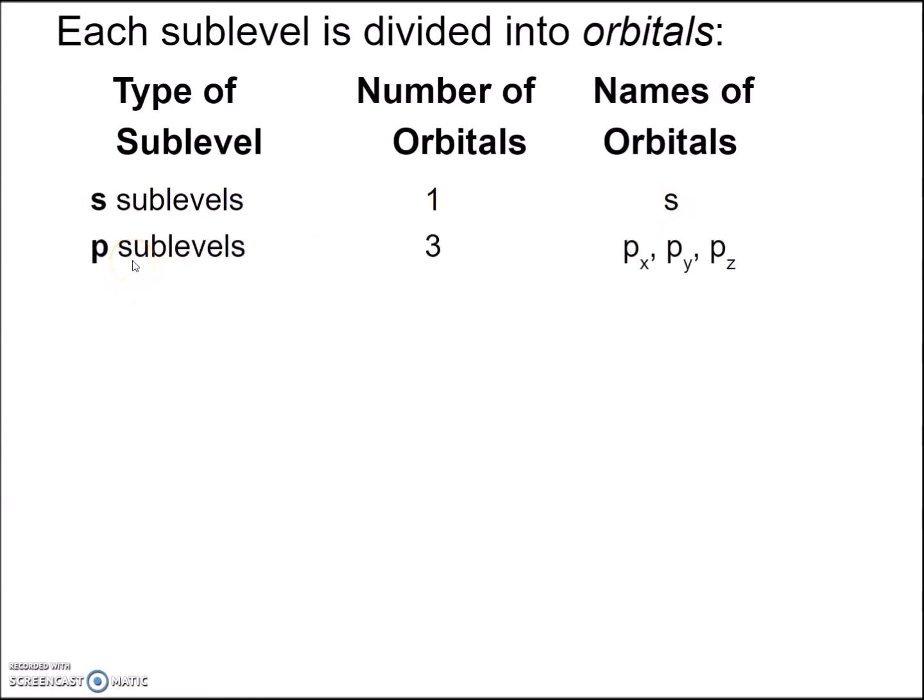For the p-type sublevels, there are 3 orbitals whose names are p subscript x, that means the px orbital, the py orbital, and the pz orbital. For d and for f, I'm not going to ask you to worry about the names or even the shapes of those sublevels.